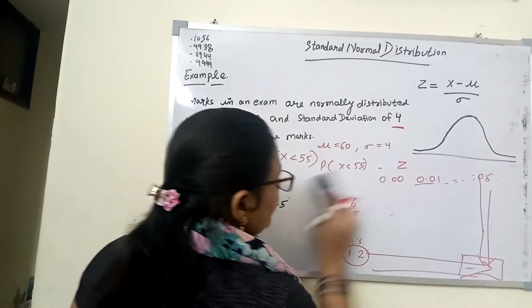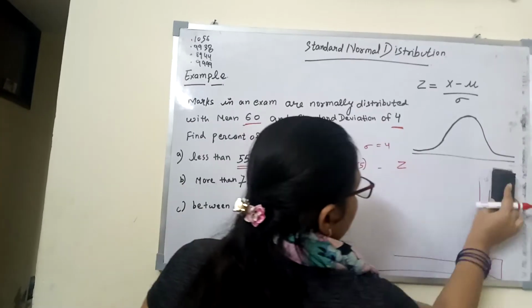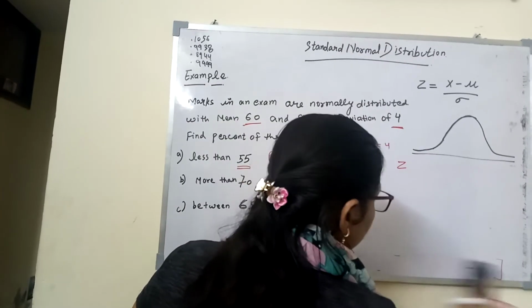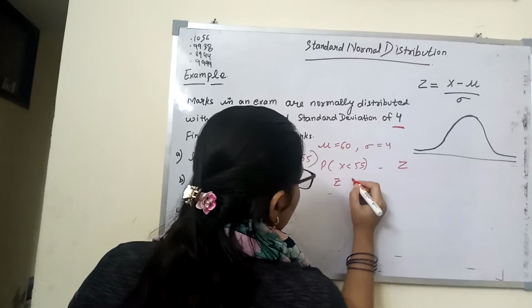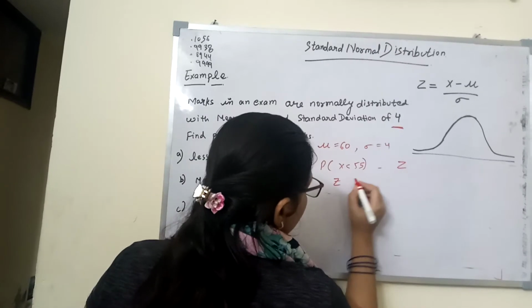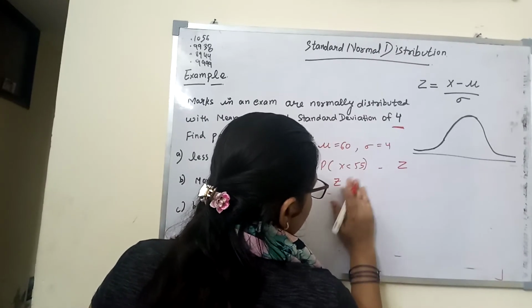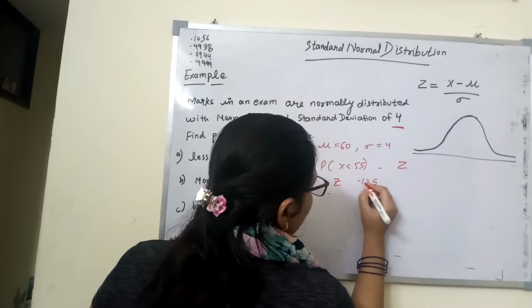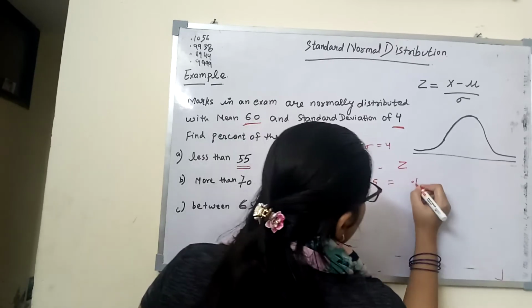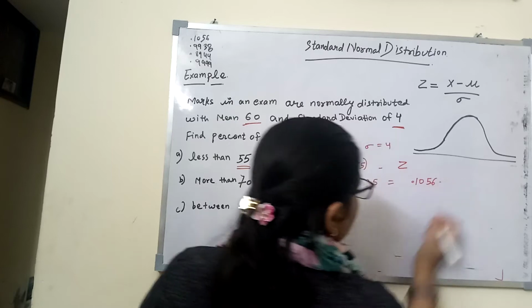I have already written the values from the table. The table value for the z score minus 1.25 is 0.1056.